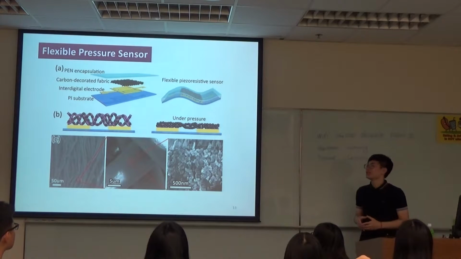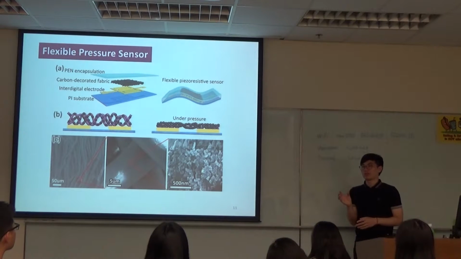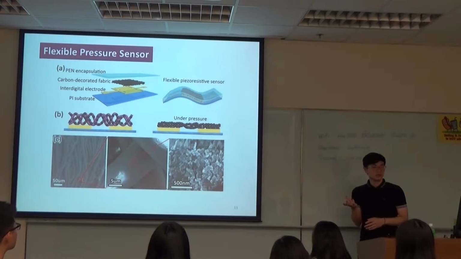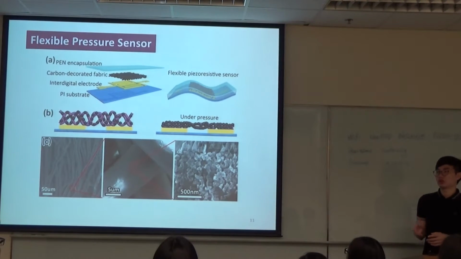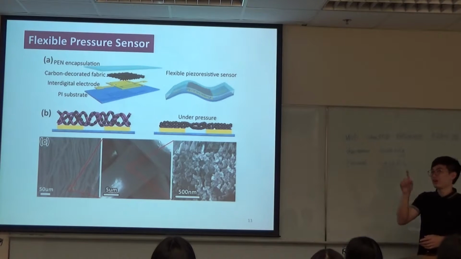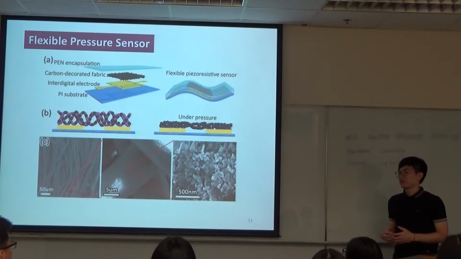And second, it's so rough in its bulk. So imagine if there was an electron trying to go from one side of the electrode to the other side, it has to go through a very long distance, turning around in very circuitous paths. Which means that the resistance of this pressure sensor without pressure is very large.